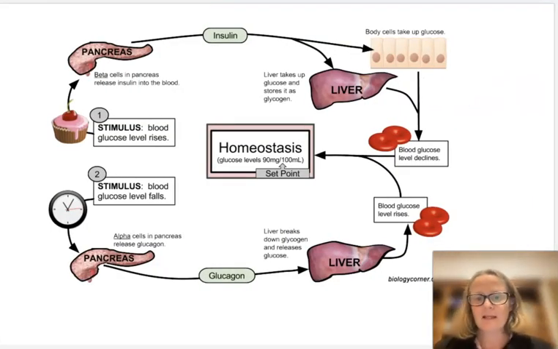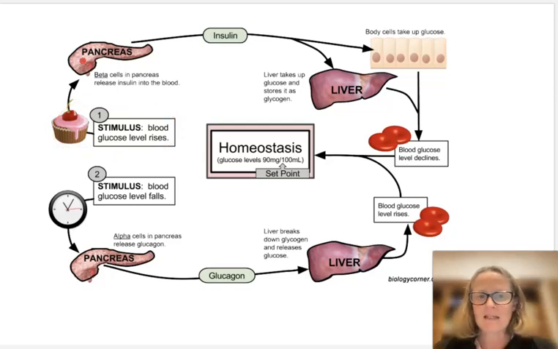This is quite a complex diagram, so I'm going to talk through it with you. We're going to start with understanding that in the middle here is the ideal level of glucose. It's a set point of 90 milligrams of glucose dissolved in every 100 milliliters of blood. Sometimes we eat something and our blood glucose levels rise. So there is our stimulus, a rise in blood glucose levels.